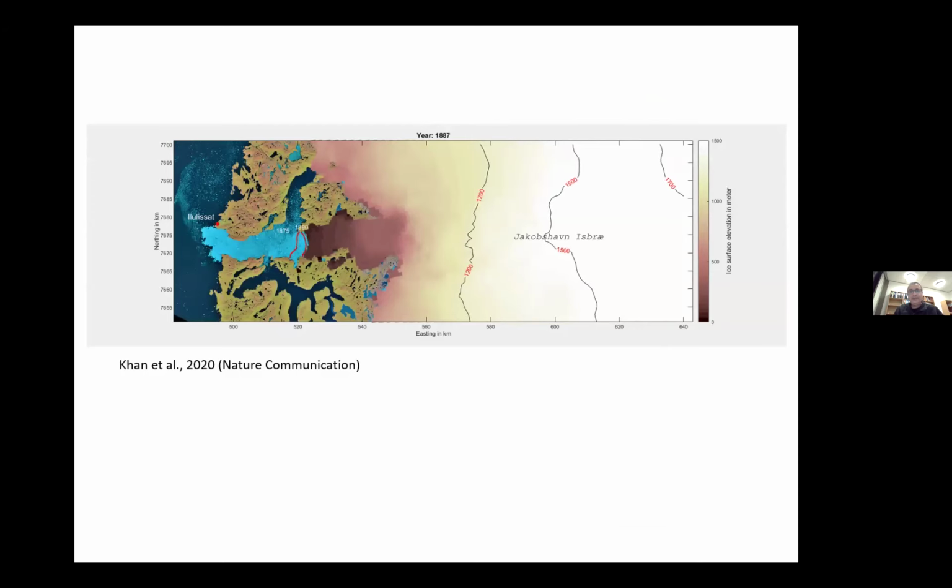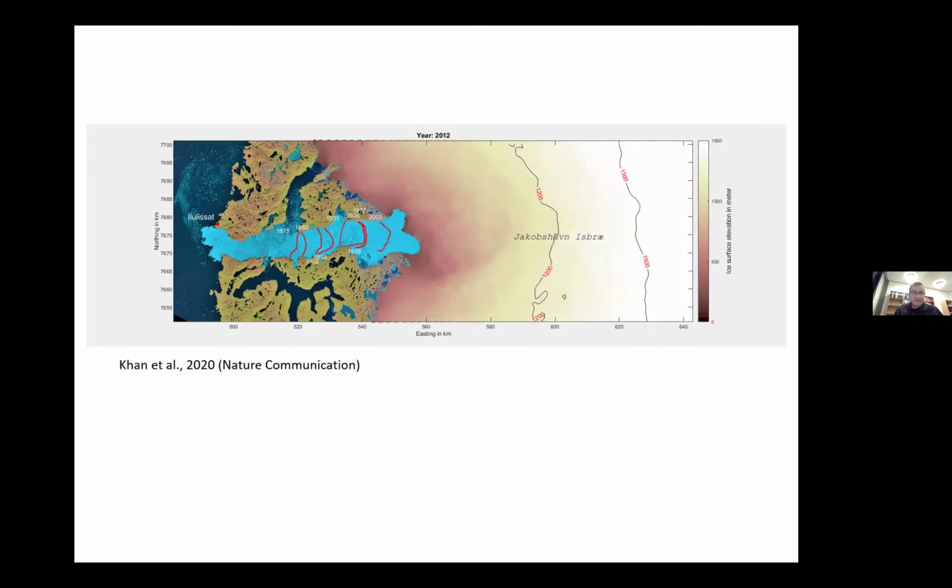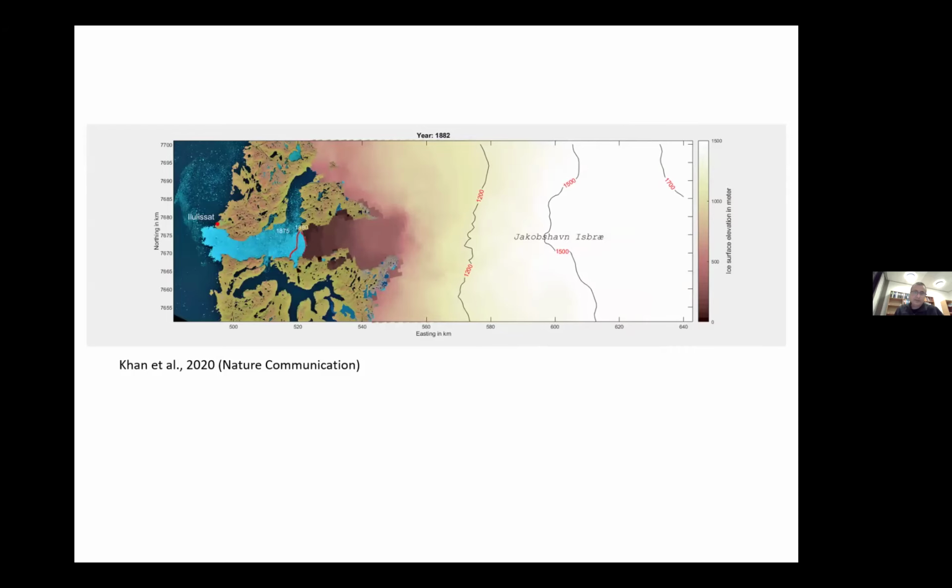We have merged all this into elevation models from 1875 to 2013, and you can see the glacier retreating. Of course, we do not have observations for each year, so if there is a 10-year or 5-year time span with no observation, we simply do a linear fit.